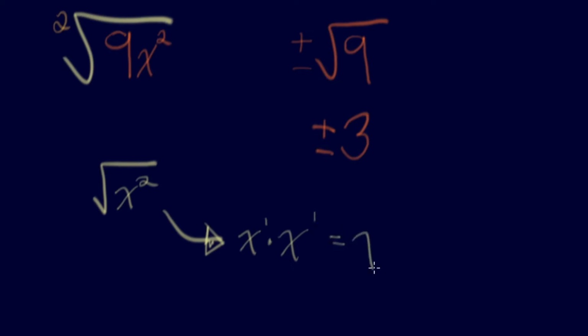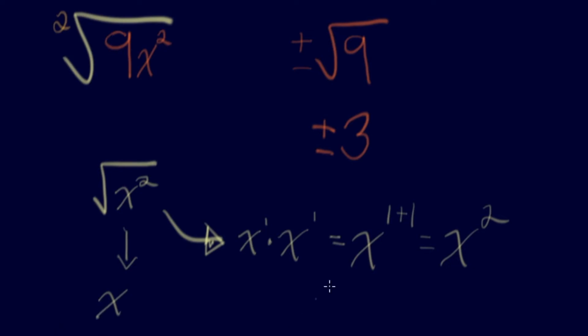So that would mean x to the power of 1 plus 1, which is x squared. So that's how we got to that x squared in the first place. When you take the square root of something, you have to ask yourself what number times itself would give you this value. So if I broke it down, x times x, which is itself, would give you x squared. So the square root of x squared is x.